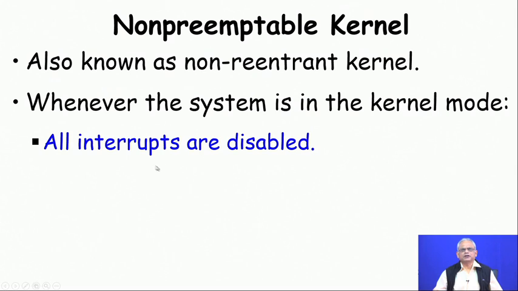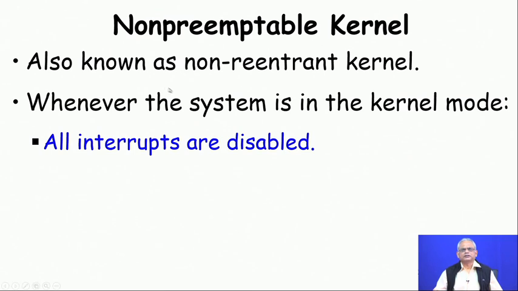A preemptable kernel is also called a reentrant kernel, that is once an interrupt occurs, then the kernel routine stops after the interrupt, and then again after some time it continues from that same place. That is a reentrant kernel, it can be interrupted.